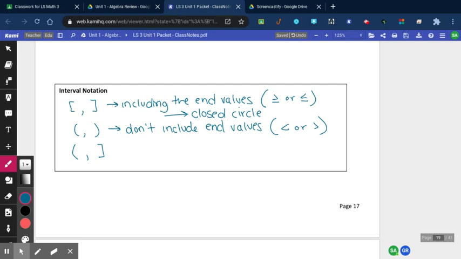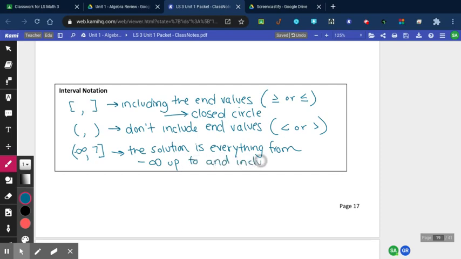Now, when we use a mix, for instance, I would think about this. I'm going to put an actual number in here. Let's put negative infinity and 7, right? This would mean that the solution is everything from negative infinity up to and including, because of the bracket, 7.